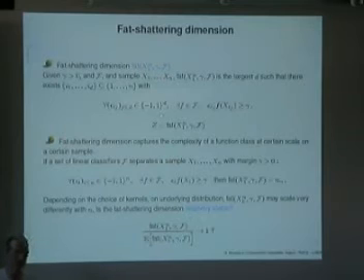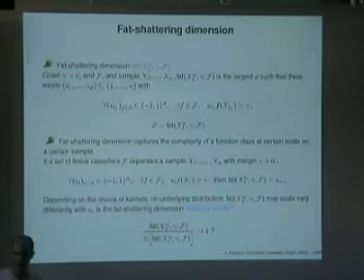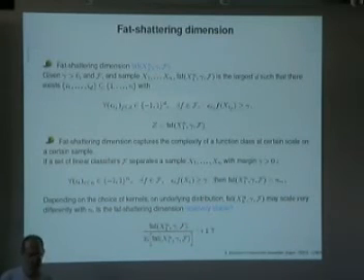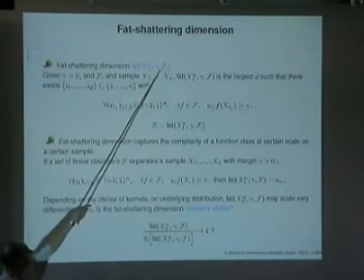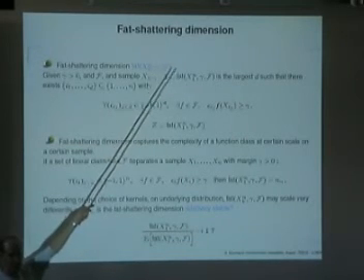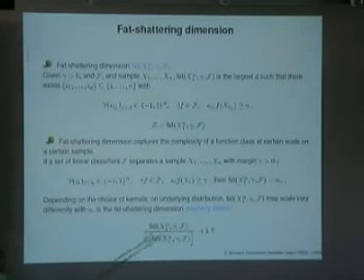So Bernard talked about the fat shattering dimension, but we stick to the VC dimension. In case you need it, I will define the fat shattering dimension. So we have a set of real valued functions, a certain scale gamma, a small positive real, and a sample.